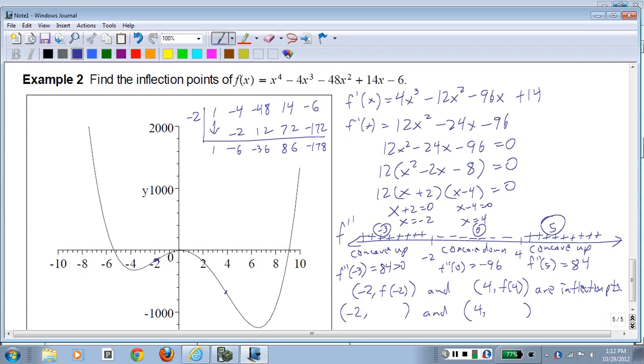Well, that's the point right there. This would be negative 200, it looks like. Negative 200. That could pass for the point negative 2, negative 178. Did anyone else get that?